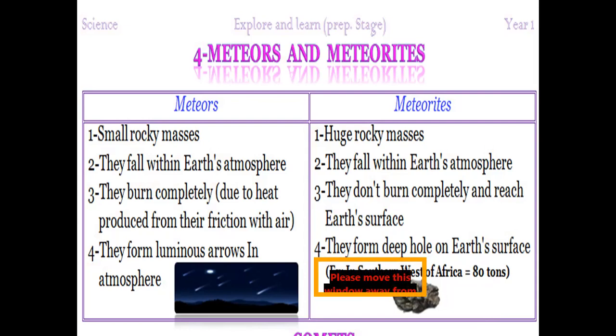Can you imagine what it did when it fell from very high altitudes on the earth's surface? It made very deep and big holes. That's why it's very dangerous if it falls on the earth's surface where some people and animals are present in this area. That was concerning the meteorites.